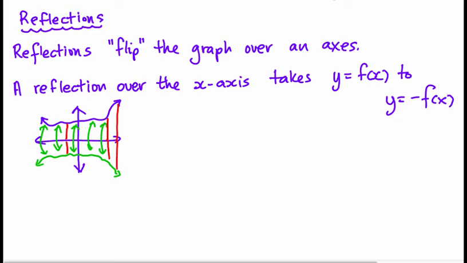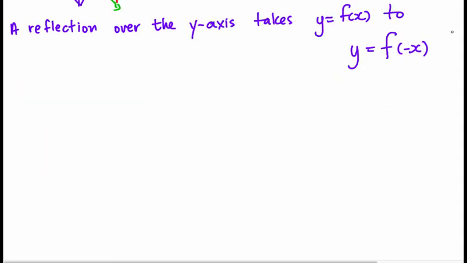Similarly, there's a reflection over the y-axis. And a reflection over the y-axis takes y equals f of x, so if you've got, say, a square root function, to y equals f of negative x. And so what's happening is, this is the y-axis, in green here, all of the values are now reflected across that y-axis.